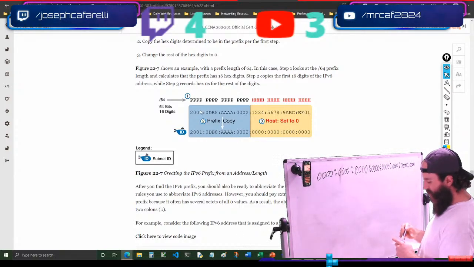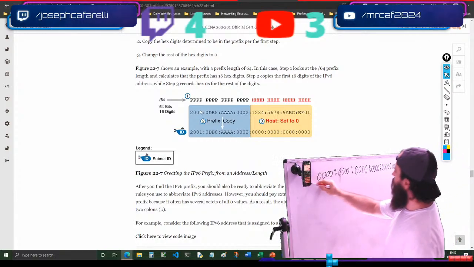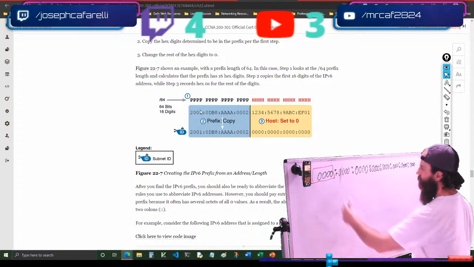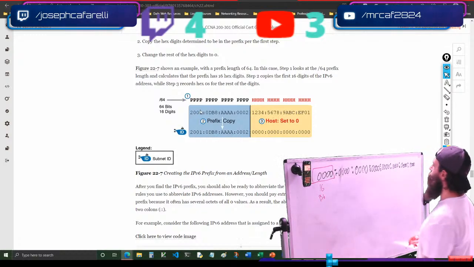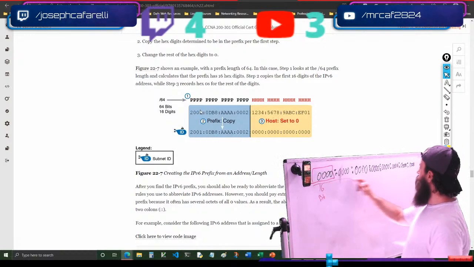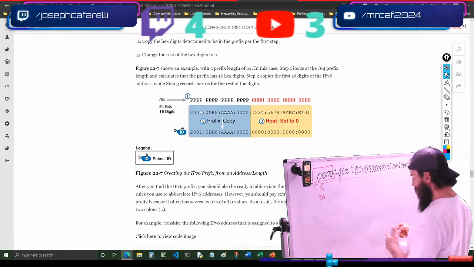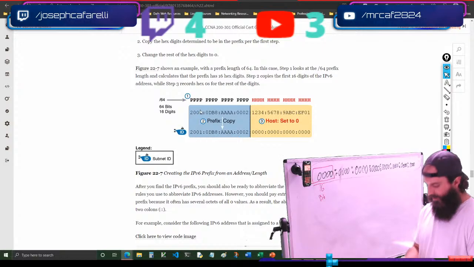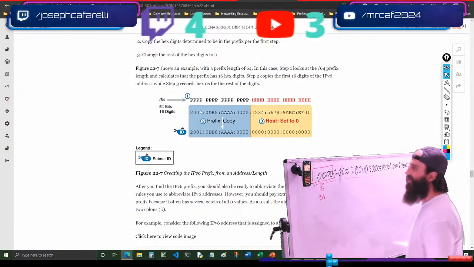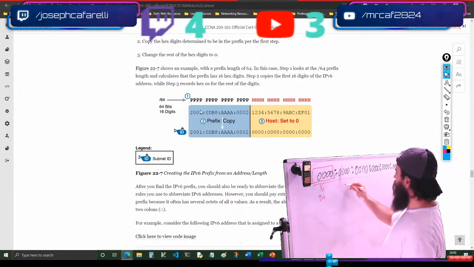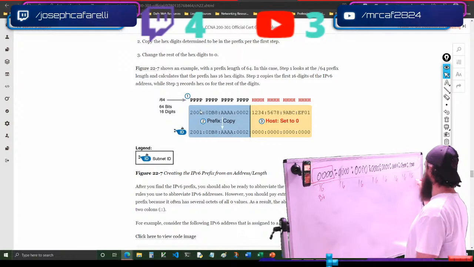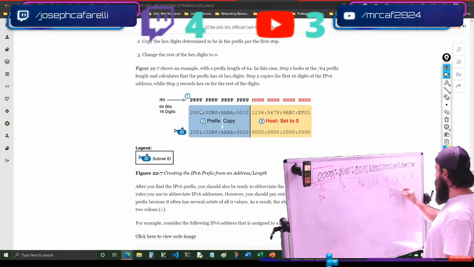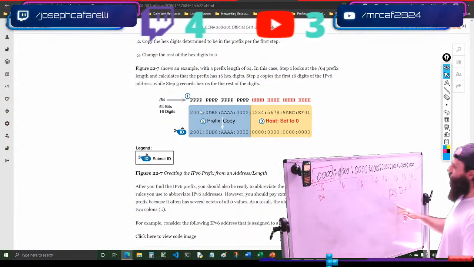In each quartet here, there's 16 bits. If we get all 16, 16 times 8, we can do it on a calculator. I might be good at this stuff, but I'm horrible at simple math. So 16, 16, 16, 16, 16, 16, 16, 16. That gives you the 128 bits in that IPv version 6 address.